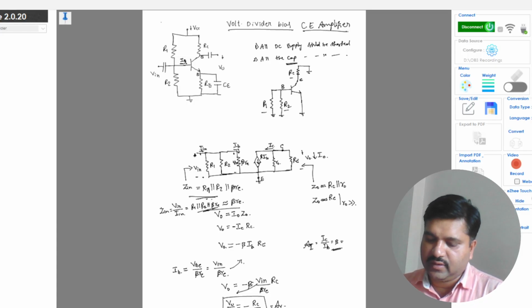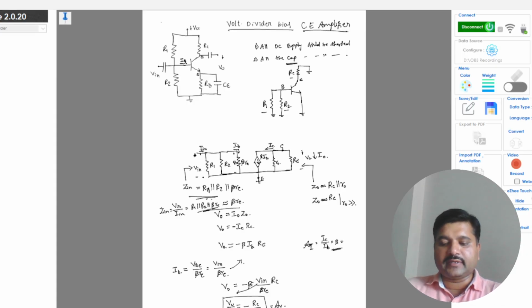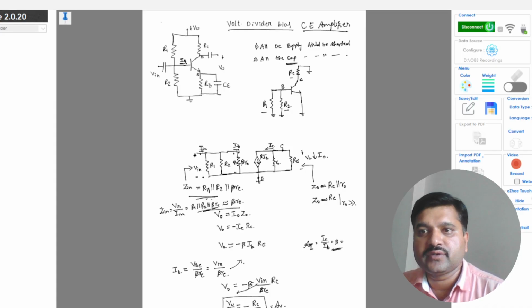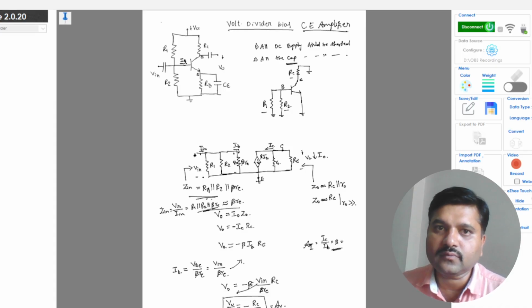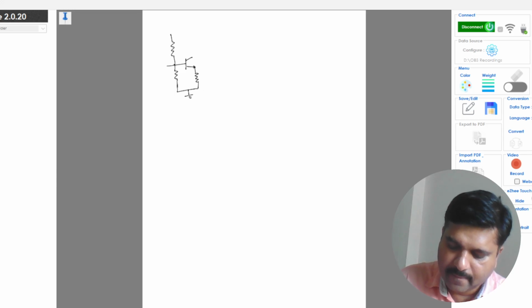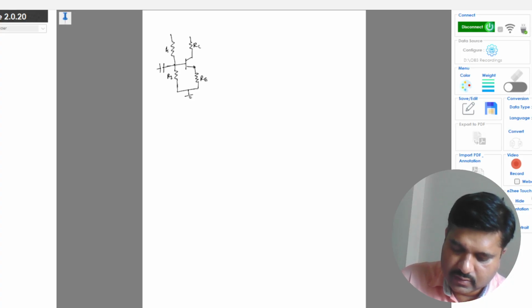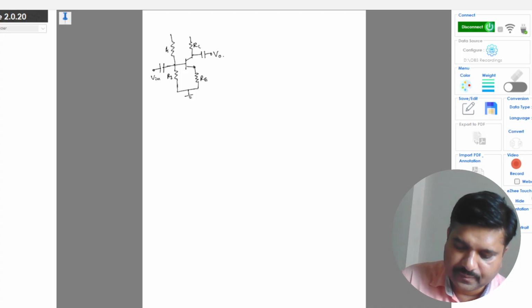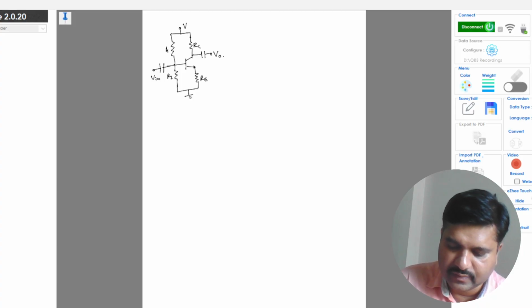Fine. So now if we don't have the bypass capacitance, then what will be the output, the AC analysis of the circuit? Okay, so now we will see it. So this is again the same voltage divider bias, RE, RC, R1, R2. This is the input capacitance and output capacitance for V0 and Vin, and this is your VCC.